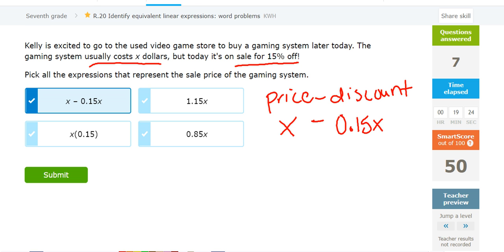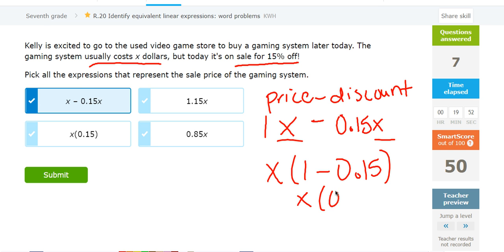We look again, and we say, okay, can I simplify these? Are any of these the same? Well, if I look at the fact that this is really a 1 right here, these both have an X, so if I rewrote this as X times 1 minus 0.15, because I'm factoring out, that means this is really X times 0.85, which is really 0.85x.